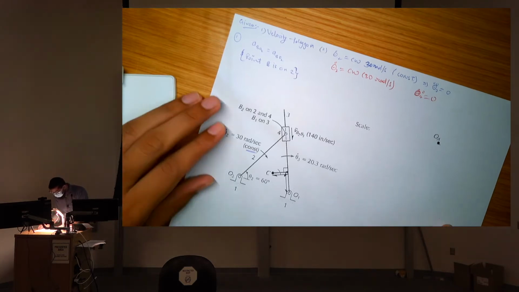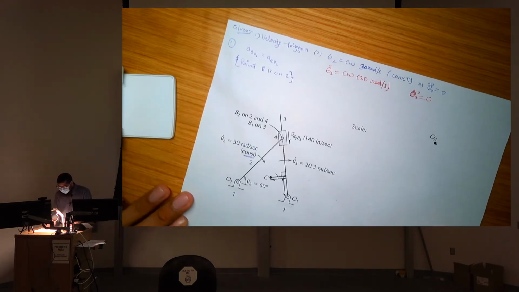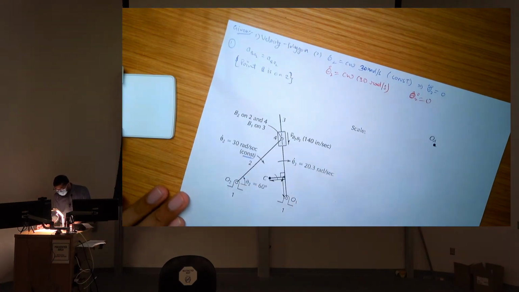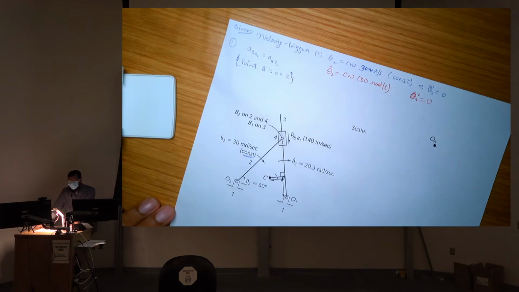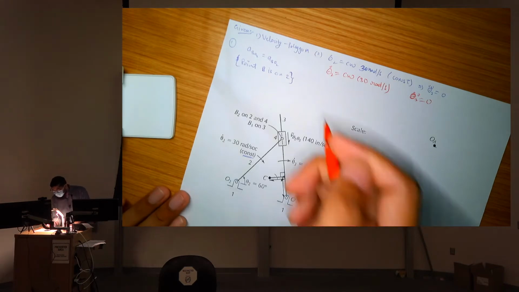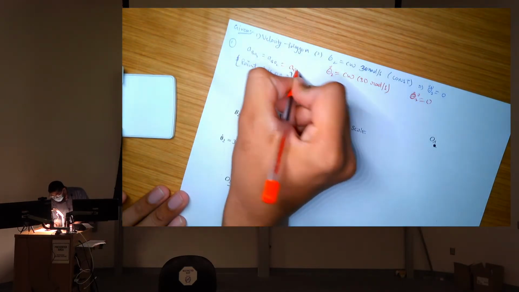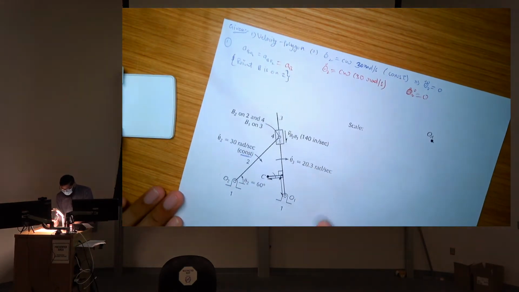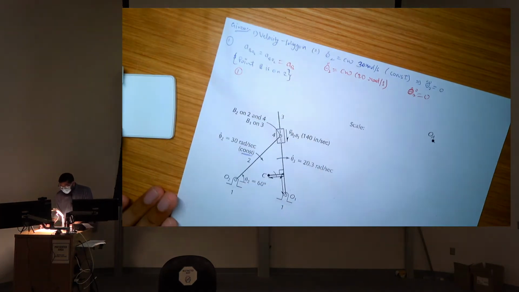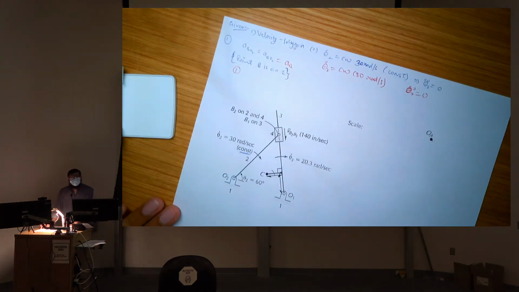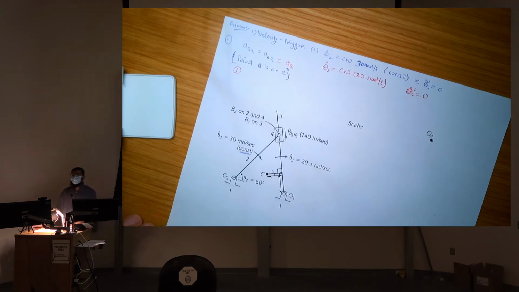Thank you. Okay, so I was saying we will be finding acceleration of ABO2. ABO2 is the acceleration of point B. So we are assuming B is on link 2, with respect to O2, so that we can say it's the absolute acceleration of B. So this would be your case 1, one of the two special cases that Prof discussed, if we assume that point B is on link 2.